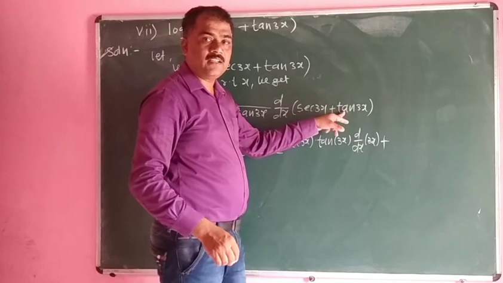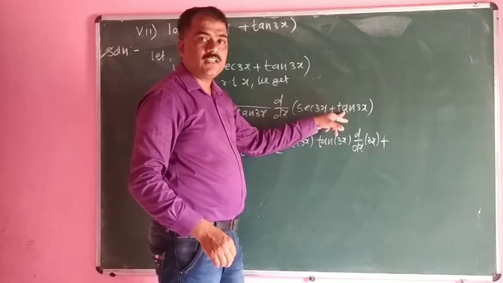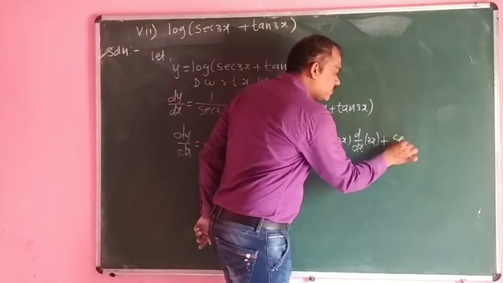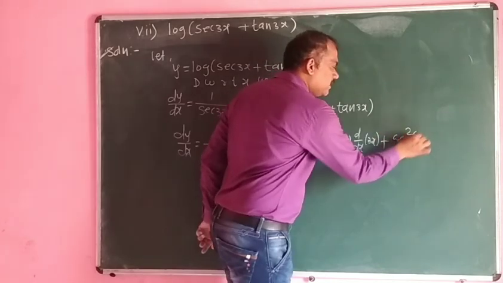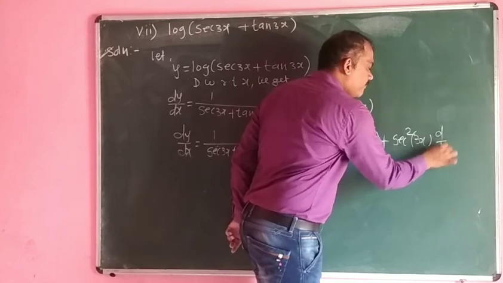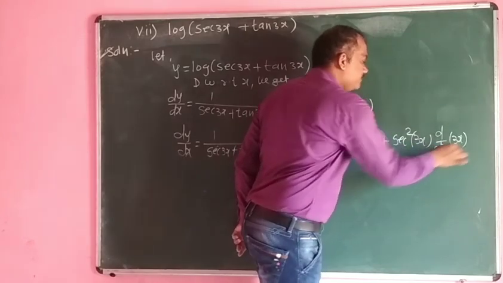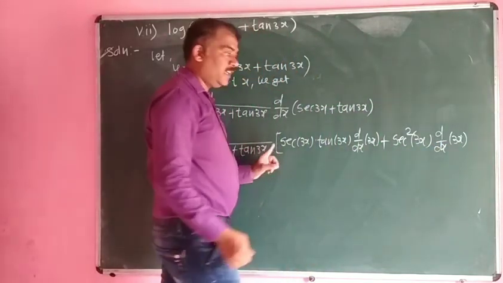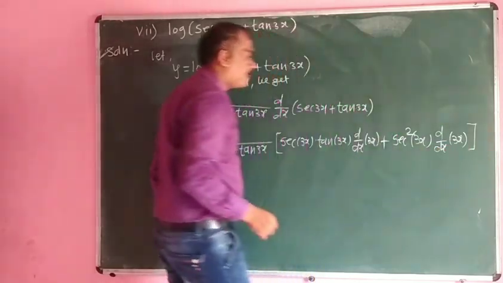What is the derivative of tan? Derivative of tan is nothing but sec square x, that is sec square 3x, into d dx of 3x. This bracket is open here, now we have to close here.